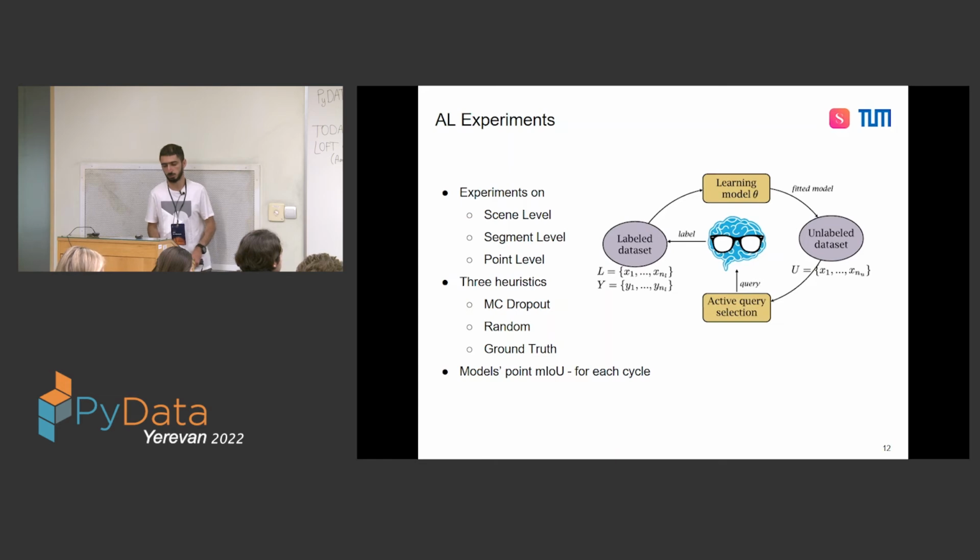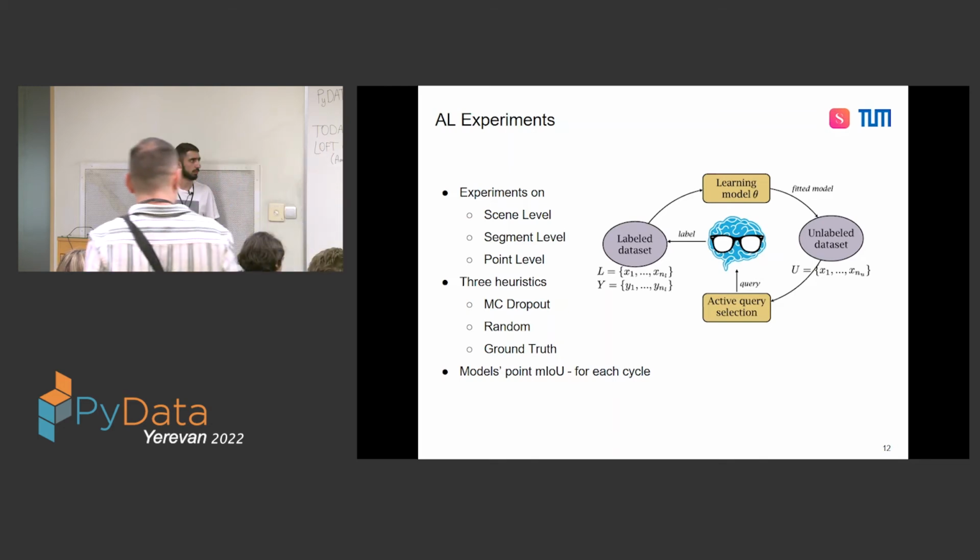As you can imagine, we can perform experiments on different granularity levels, for example, scene level. We can run this active learning algorithm and select whole scenes out of the pool. This is the biggest granularity level, I would say.